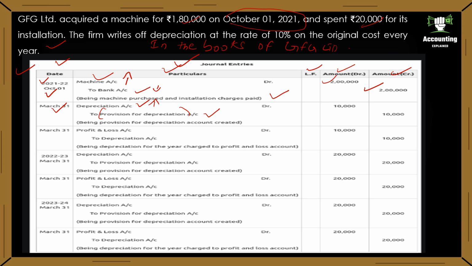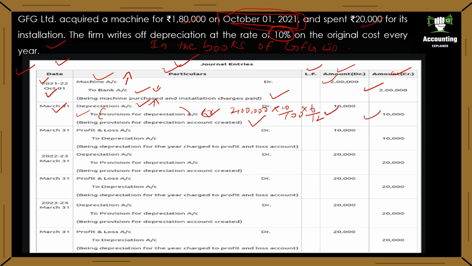So when you are creating a provision or increasing the liability, it has to be credited. The amount: we purchased it on October 1, right? So we have to calculate depreciation. Rate is 10%, from October to March, which is 6 months. October, November, December, January, February, March is 6 months, so 6 by 12. So it is 10,000, 10,000. Being provision for depreciation account created.